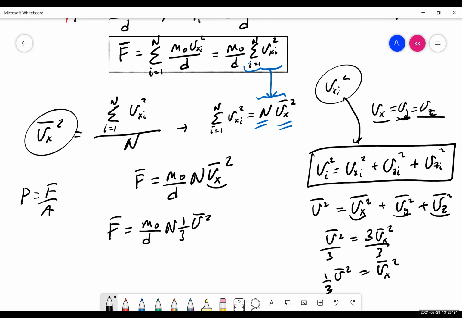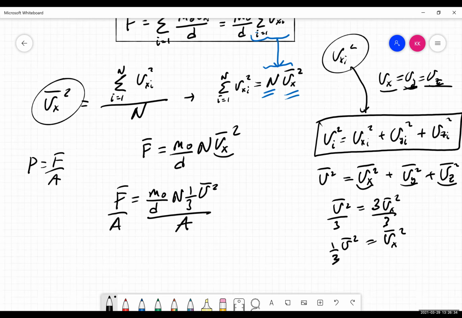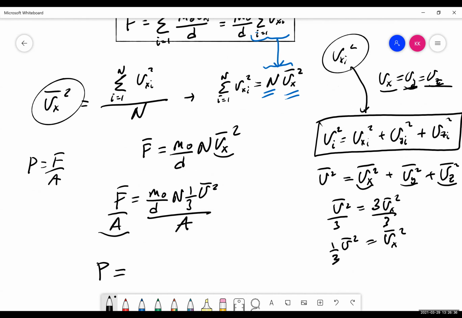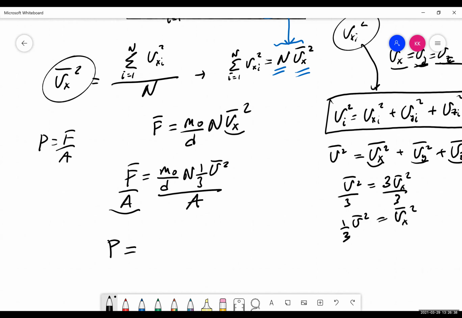That means one thing I can do here is divide both sides by the area, then on the left side, force over area is technically my pressure. So pressure equals, and if you have a container like this, when this is D, what is the area?